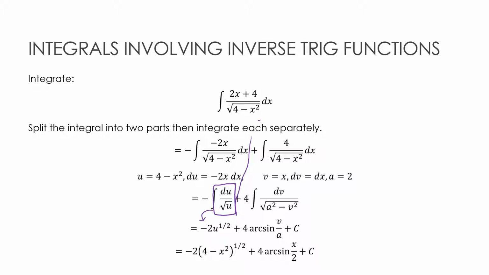However, on the other one, my other part, notice I'm just using v instead because it's two separate parts, but it doesn't matter. V is equal to x because that's the square root of x squared, and the square root of 4 is 2. So on this side, I am going to use one of those inverse trig functions, which happens to be arcsine, and then just do my normal substitution.